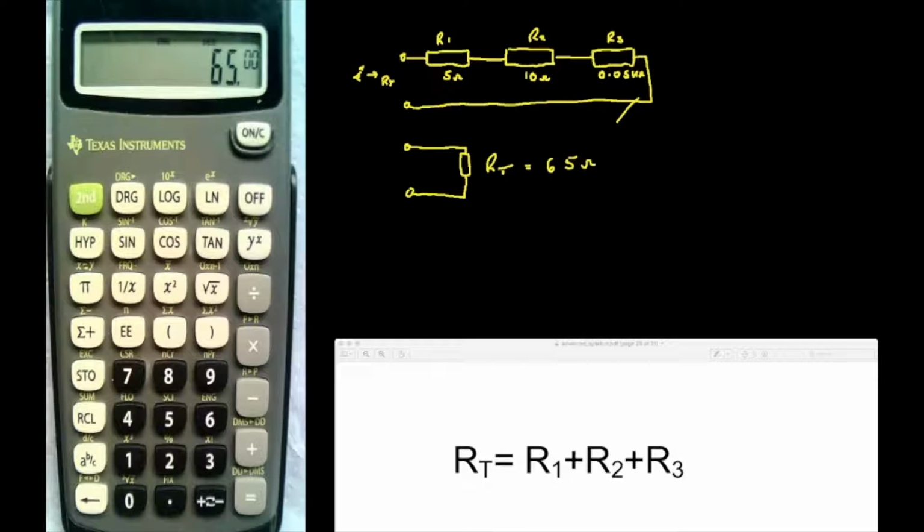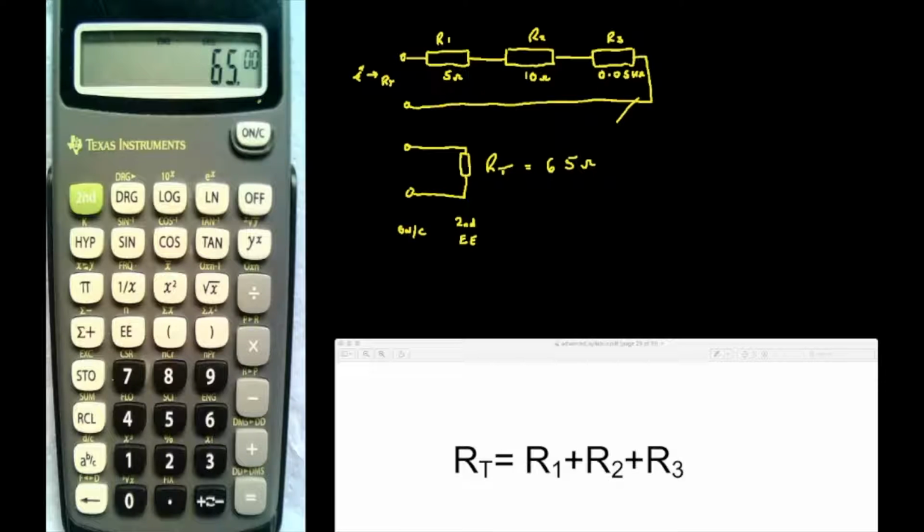So let's look at the keystrokes for adding that then. First of all, we put the on clear, and then we use second function EE, and at that point we can see the enunciator on the screen.